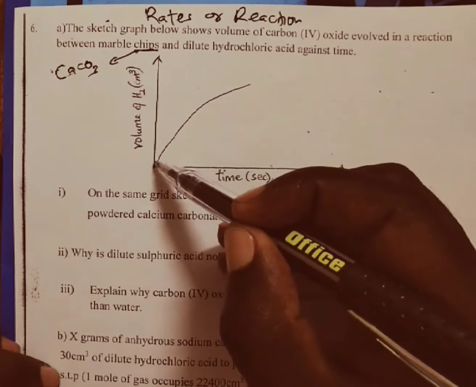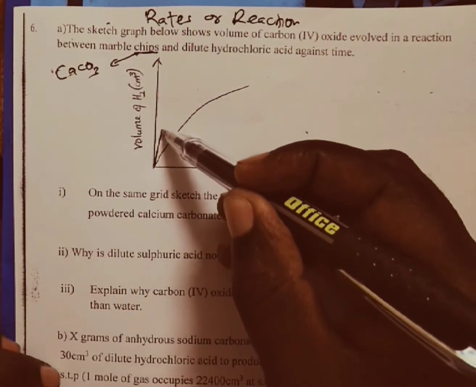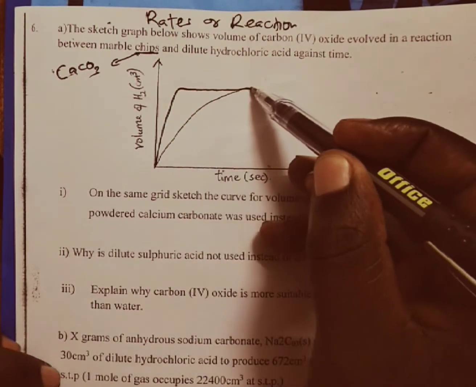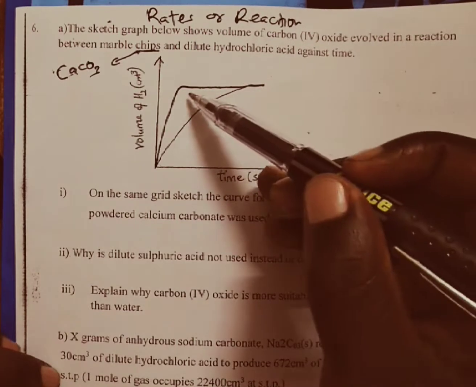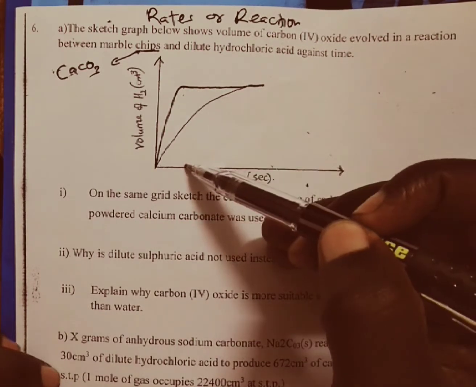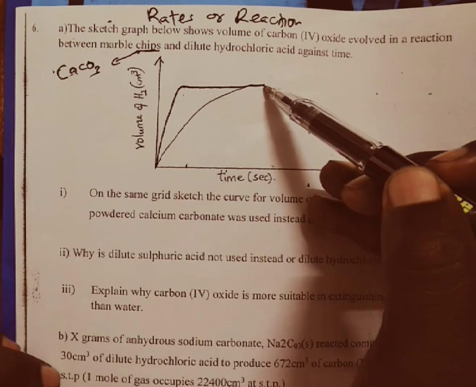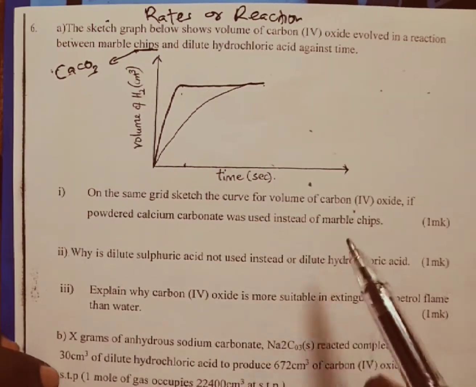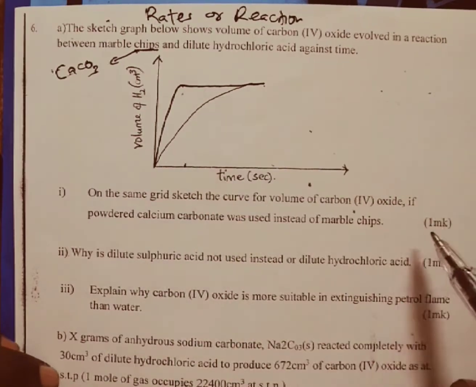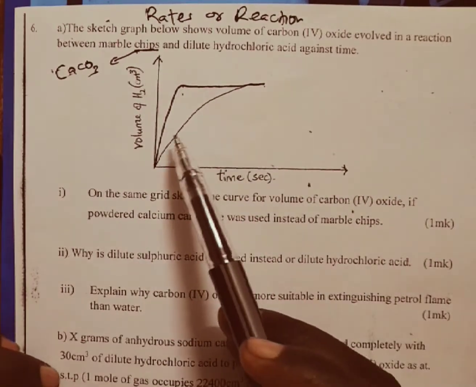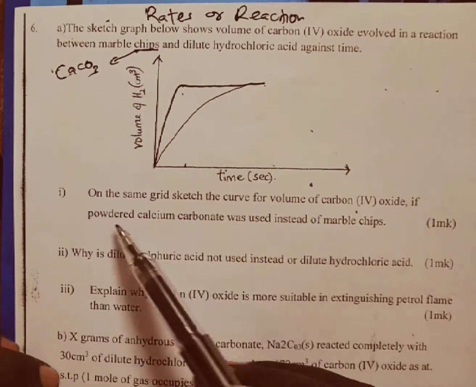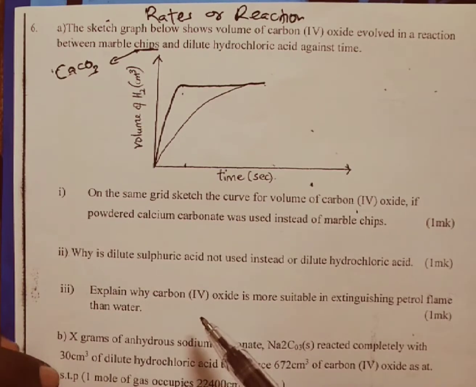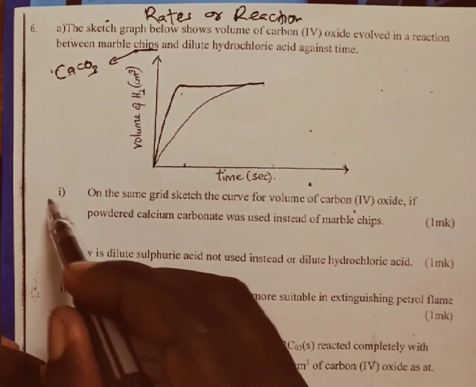And in this case, that curve is going to simply come this way, then level at this particular point, meaning if you measure the time taken here, it will be less than the one taken by the other curve where we have used marble chips. So by so doing, you score that one mark for sketching the graph for powdered calcium carbonate. That one has been done.